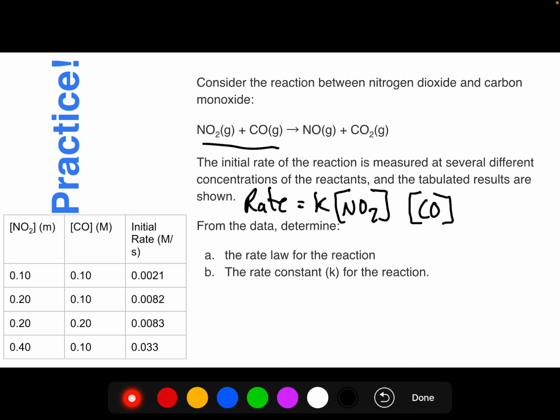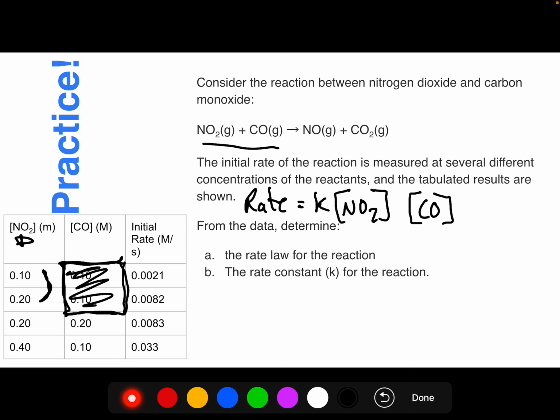Nitrogen dioxide, notice that we double the concentration here. That's what we want, but we have to find 2 points where we hold the carbon monoxide constant. We want to know how nitrogen dioxide is affecting the rate, not how carbon monoxide is, because we're focusing on this. So because these are held constant, that means it didn't matter.